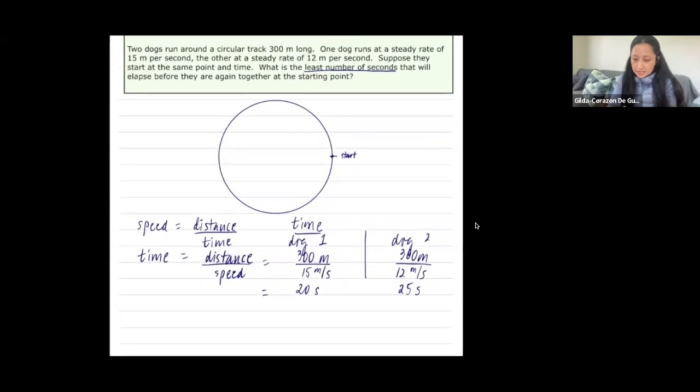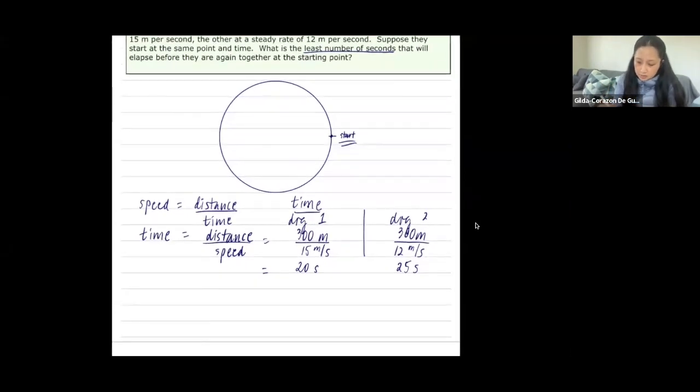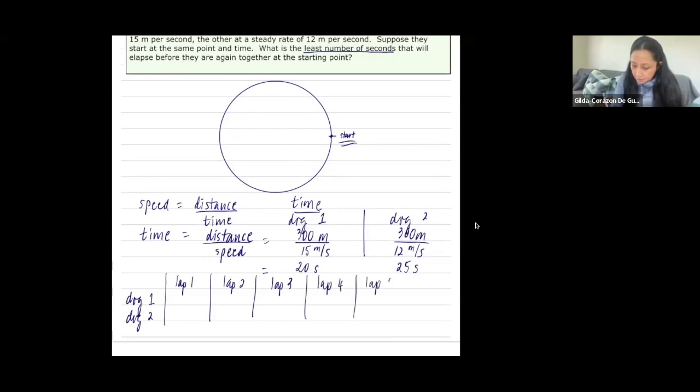So our question is, when would they be again together at the starting point? One would be quicker than the other. So what we could do is write down a table of values: dog one, dog two, and lap one, lap two, lap three, lap four, lap five.